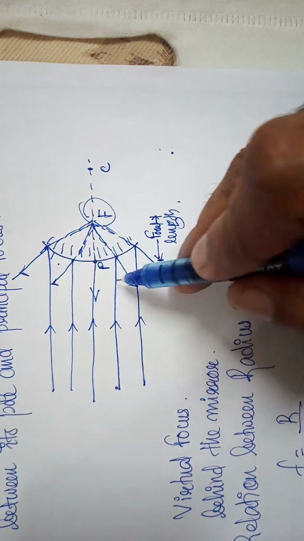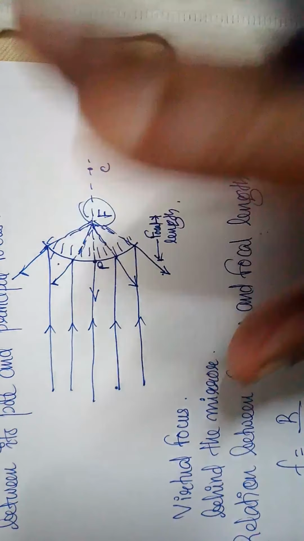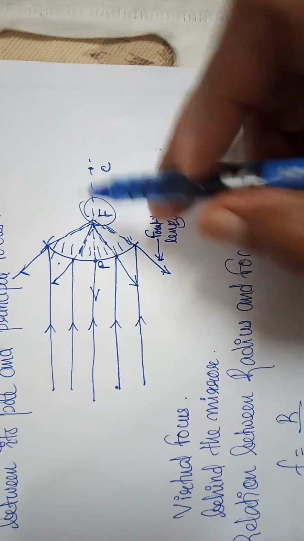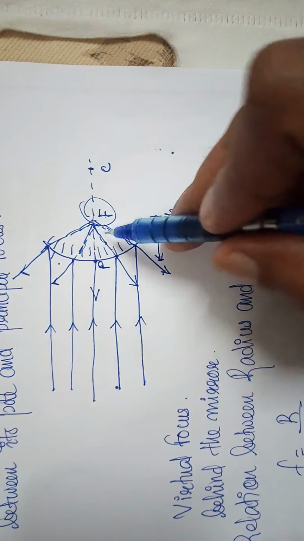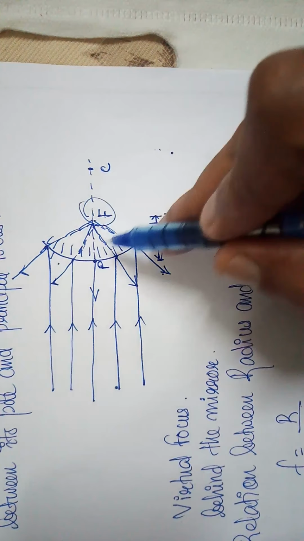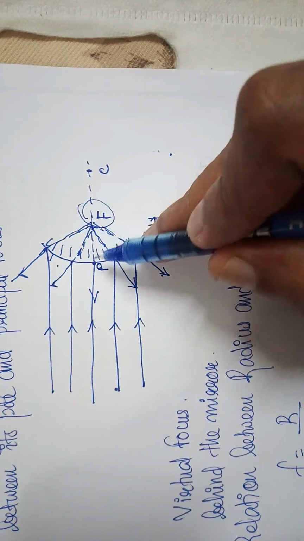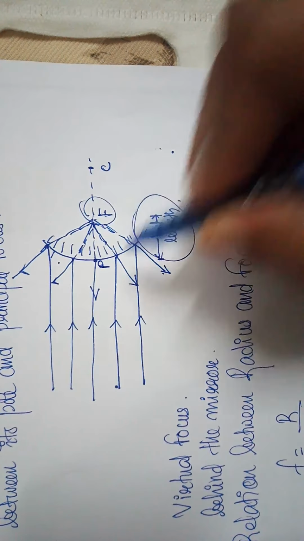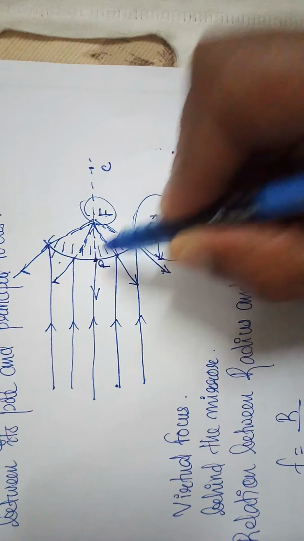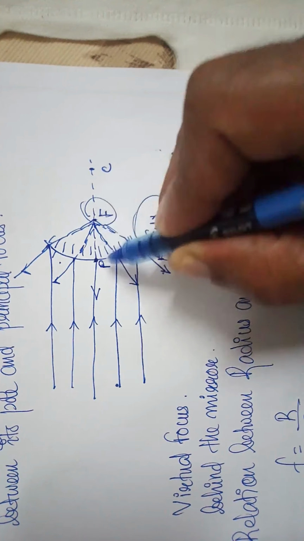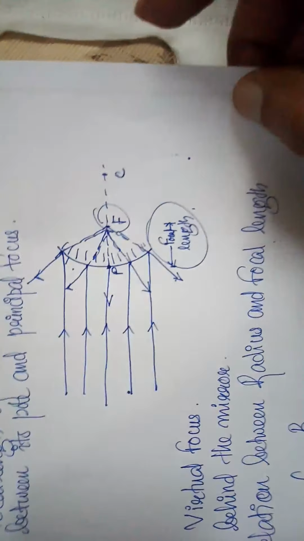A convex mirror has a virtual focus, and another point to be noted is that the focus of a convex mirror is situated behind the mirror. The focal length will be the distance between the pole and principal focus of the mirror.